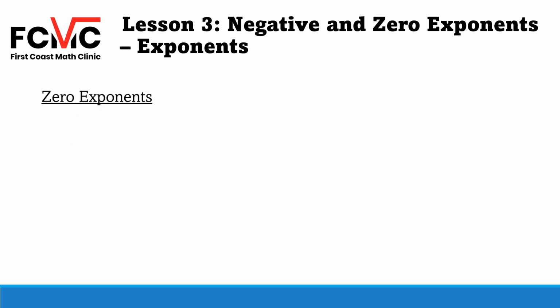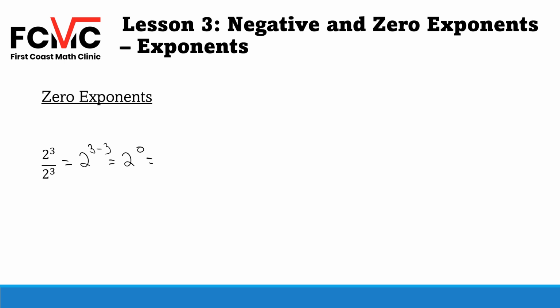So let's look at the zero exponents. So I have 2 to the third over 2 to the third. And our quotient property, we know that if we have the same base and we're dividing, we can basically just keep our base, subtract our exponents. So this is going to give us 2 to the 0 power.